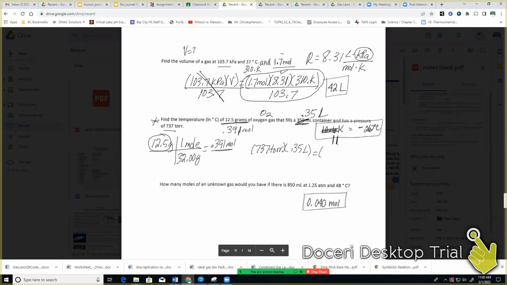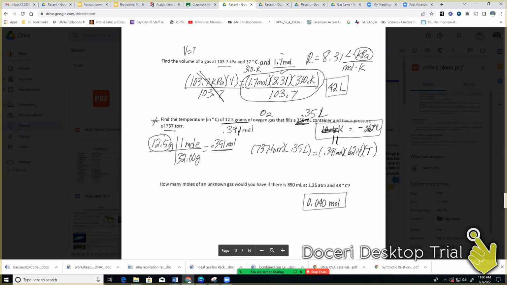N is what I had because I can't put grams in. So we kind of looked at one of those yesterday. Since it is in torr, which is the same thing as millimeters of mercury, I picked my 62.4. And then I'm trying to find my temperature, right?